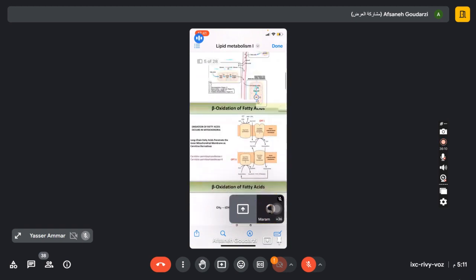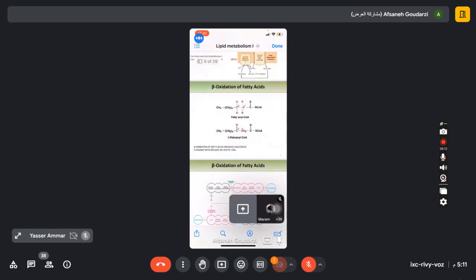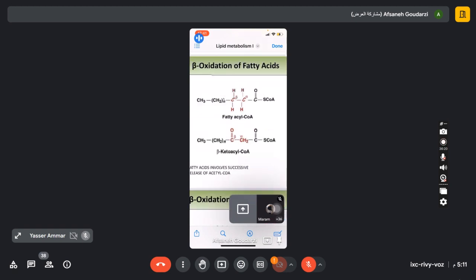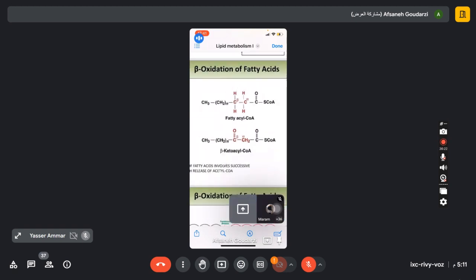So what does beta oxidation mean? If you remember the structure of the fatty acid, which was explained to you in the previous semester, this is the fatty acid, but it is fatty acyl-CoA. Why fatty acyl-CoA? Because the coenzyme A is bound to this fatty acid.